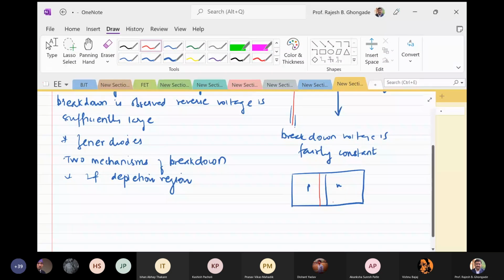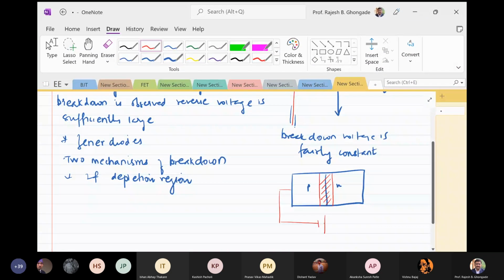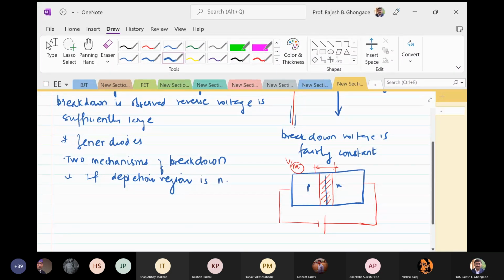If the depletion region is very narrow, the electric field strength, that is the electric lines of force, which is measured in volts per meter, will be very high, since the distance is very small. This electric field strength E will be very high.